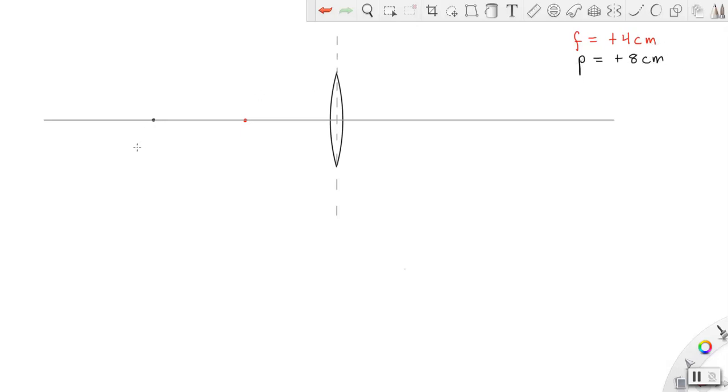And our objective will be to find where the image location is, but the way that we're going to go about doing this is by ray tracing. Okay, let's place our object. So I'm going to make it about this tall.